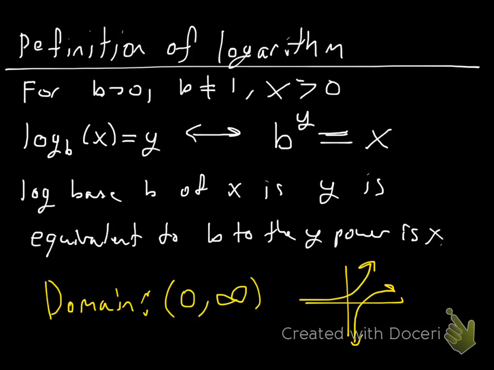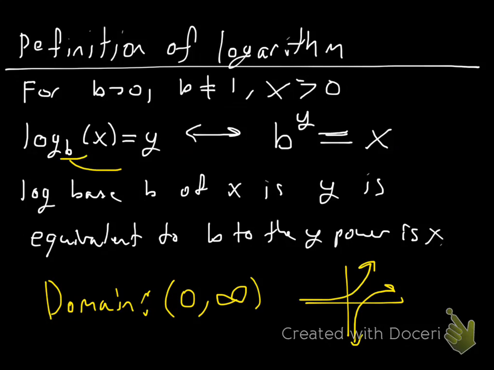So log base b of x is equal to y if and only if b to the y power is equal to x. One little trick you can do is your log's always equal to the exponent.